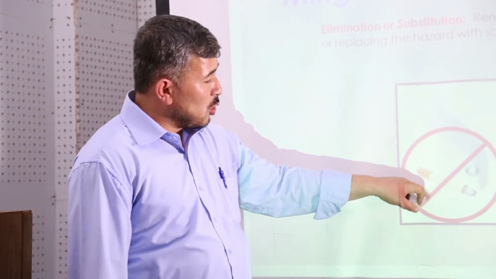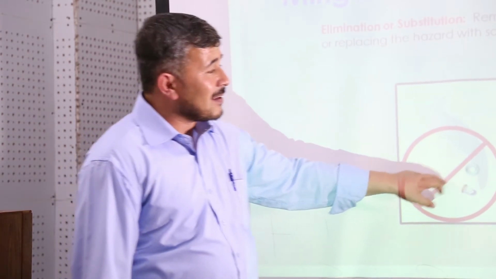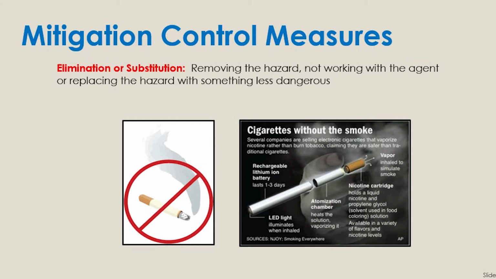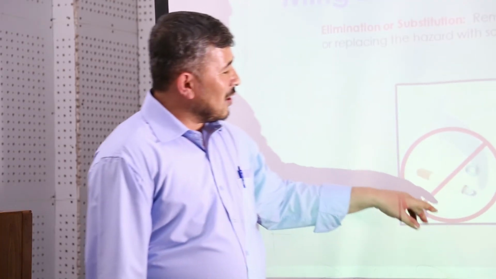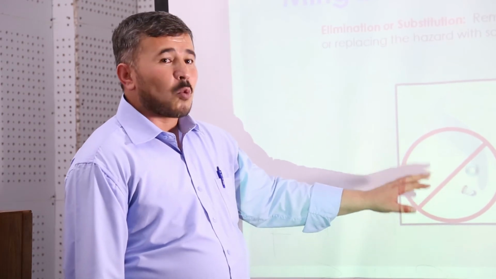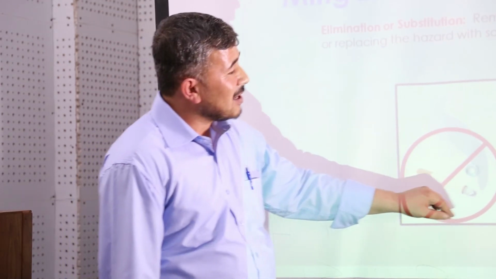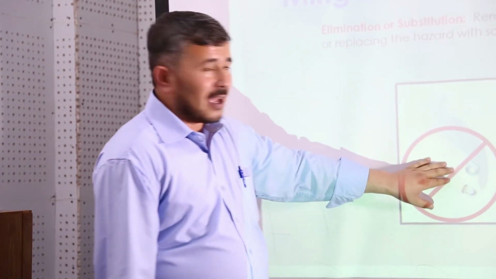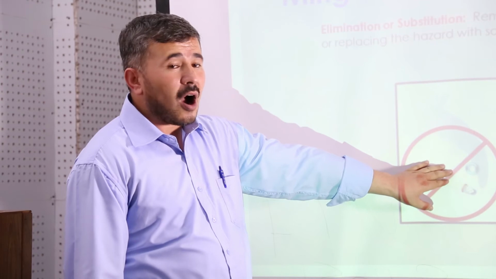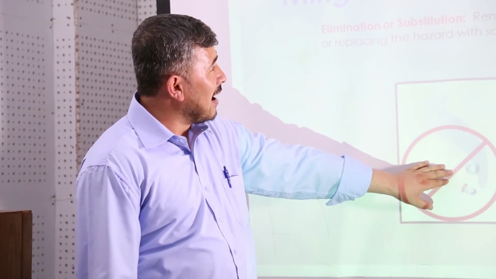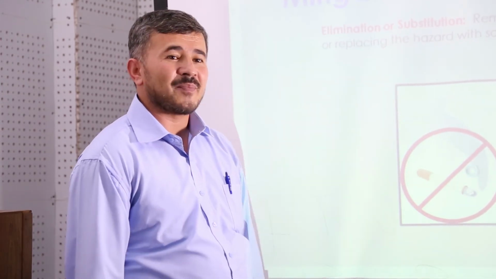So we can substitute the real cigarette with the new one, the electronic one. So easily the smoker will change his habit, using the harmless cigar instead of the harmful one. This is called substitution.